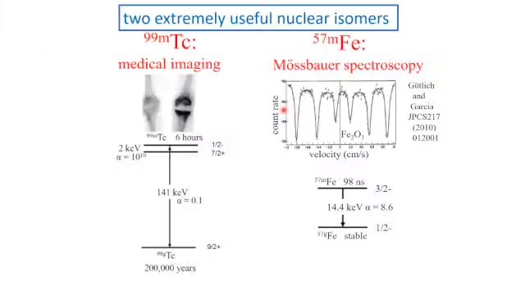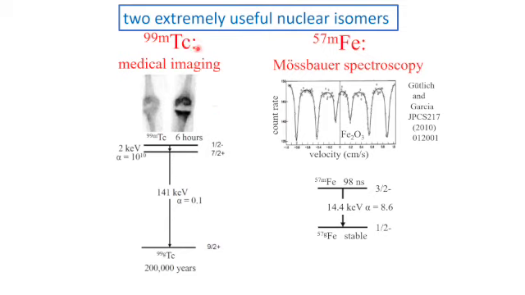But I wanted to spend a bit of time talking about applications of isomers beyond nuclear physics, and two ways that isomers are very heavily used, which I won't go into in more detail than is on this slide.